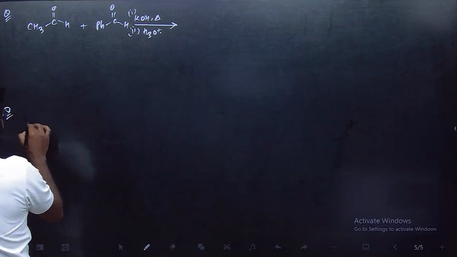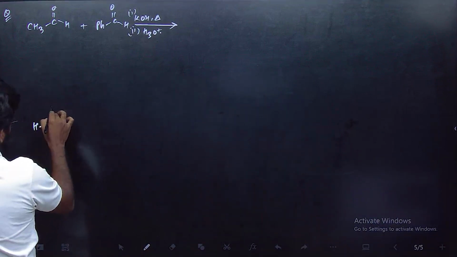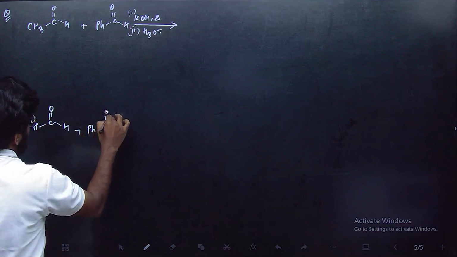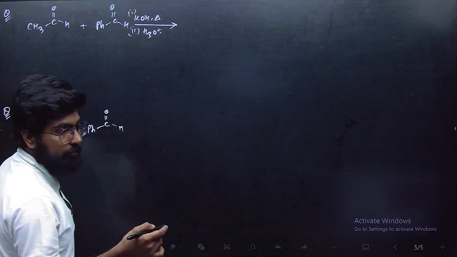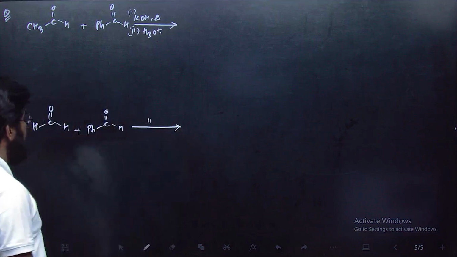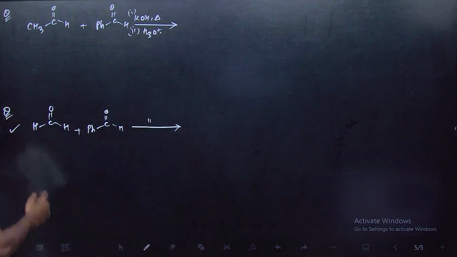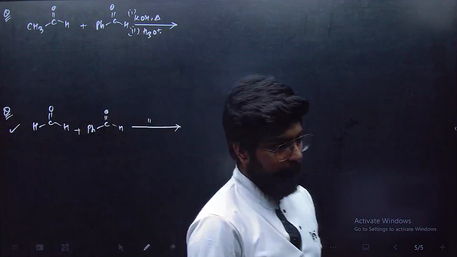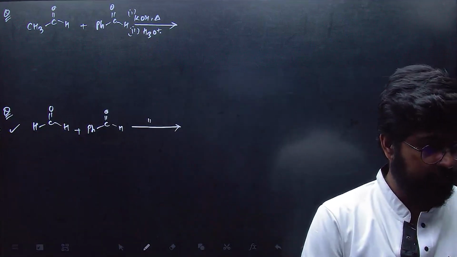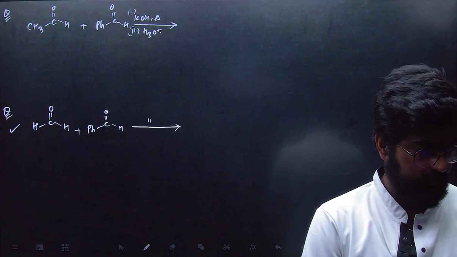Most of you might have studied this one. So if this is the case, same. Now can you tell me what will be the product? Yes, Venkat, you are right. Don't worry, you are right.